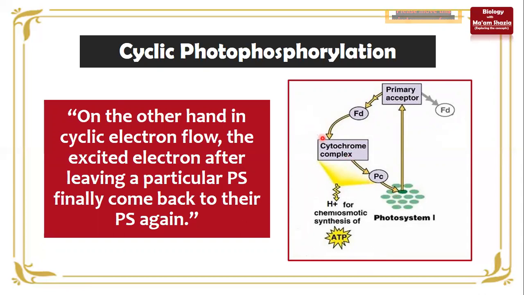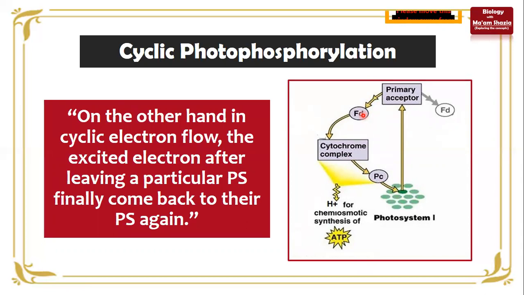The electrons coming from the cytochrome complex and PC enter as weak electrons. They become part of the chlorophyll A of PS1, and the two highly energized electrons coming out from PS1 are taken up by the electron acceptor and given to the ferredoxin.